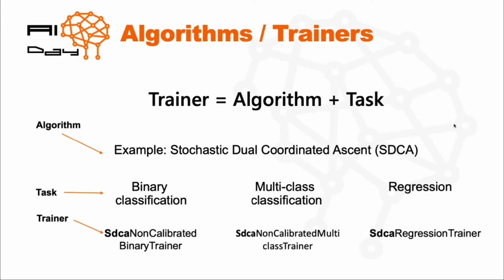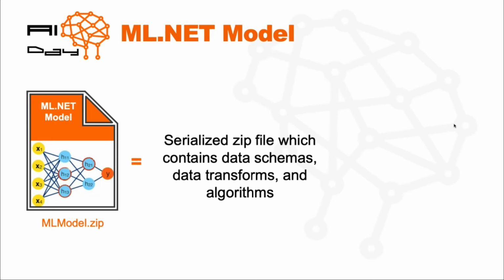Maybe you want to apply it for prediction or regression. Okay, there is SDCA regression trainer, and so on. So yeah, this is possible. You will see in the code. And finally, when we perform the machine learning, we can export the model and reuse it later, or take it to the cloud in the scenario that I described a few minutes earlier.